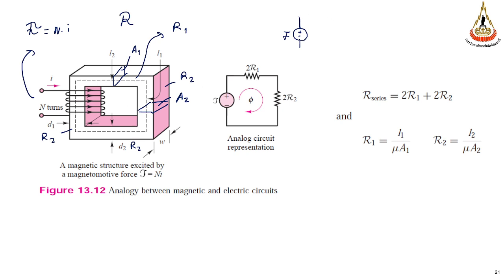You can construct the equivalent circuit like this, with reluctance R2, reluctance R2, reluctance R1 and reluctance R1, and the flow is the flux flow. This is an analog circuit representation.